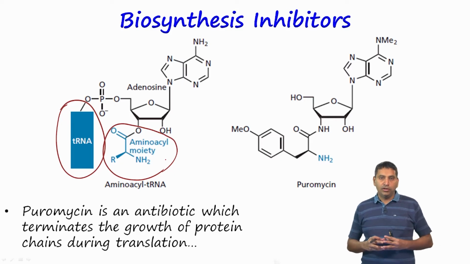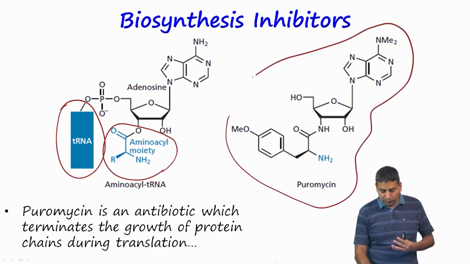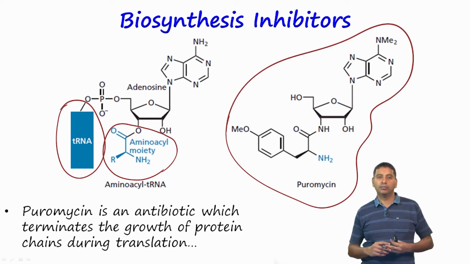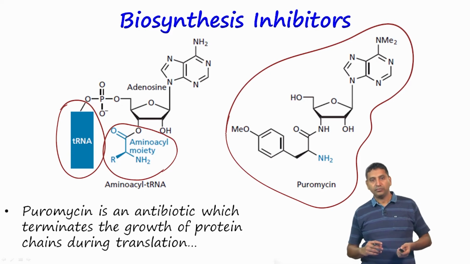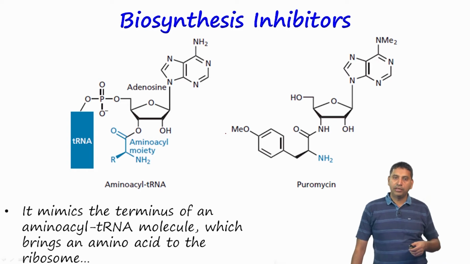Puromycin, whose structure is shown here, is a very good example of an inhibitor of this process. It mimics the terminus of the aminoacyl tRNA molecule.